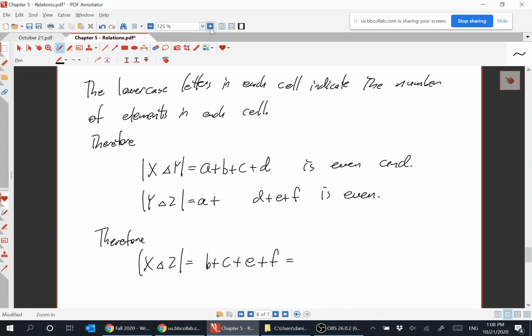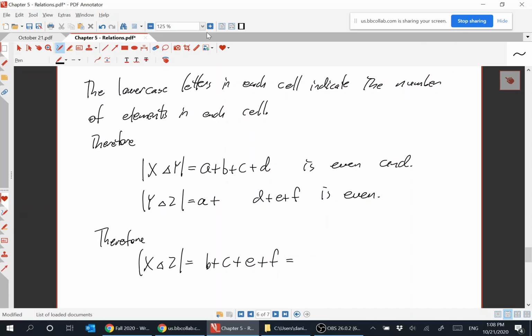And remember, the sum of even numbers is even. The only way for the first two to be even would be for all of the elements to be even or all of the elements to be odd. Could be one even or two even, two odd.